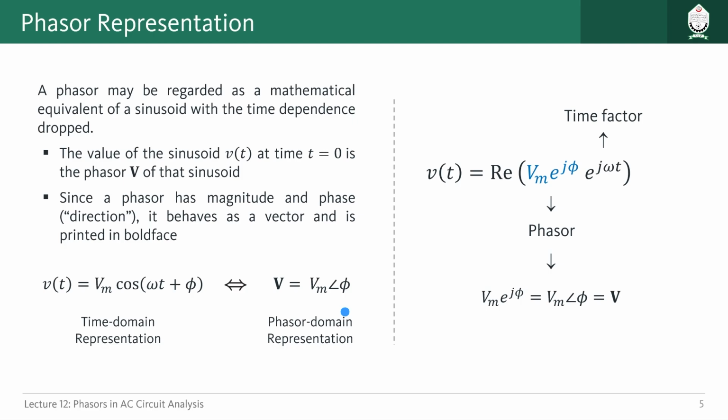After all the calculations are done, we are again required to move to our time domain representation. So we will again put our time factor here so that we get the time domain representation. This is the general process we are going to follow when we want to solve any AC circuits.